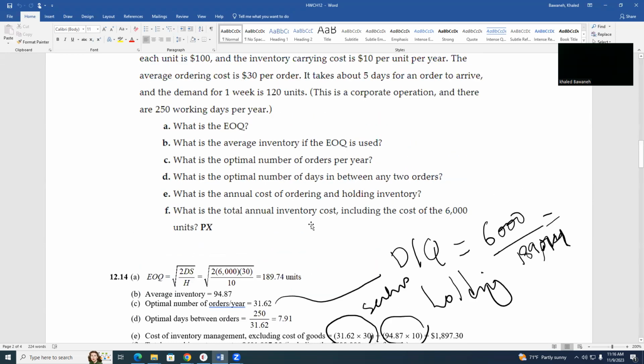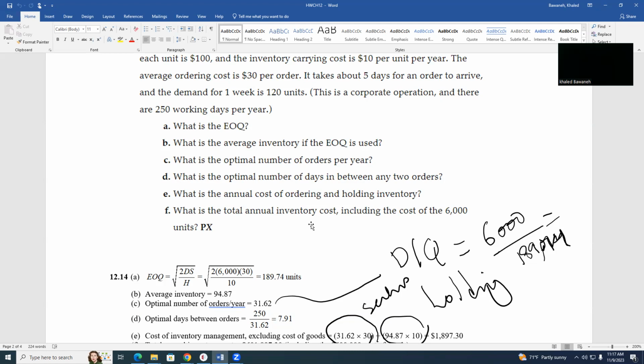Okay, so we know the annual demand is 6,000. I'm still trying to figure out what the cost and total cost are.